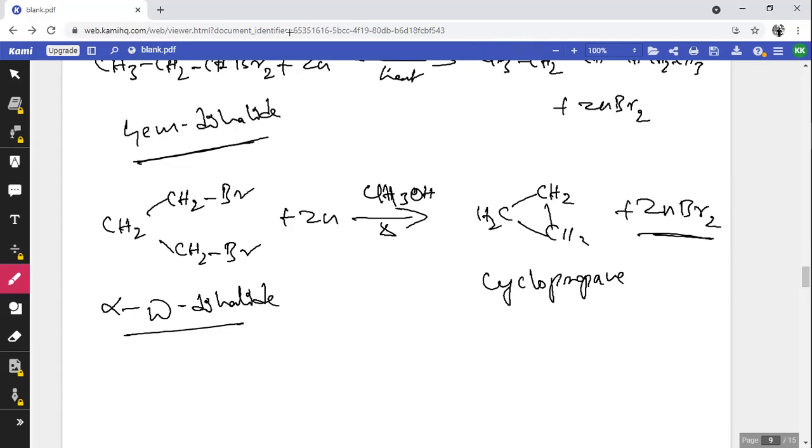The remaining trihalides as well as haloarenes, I will discuss in the next class.